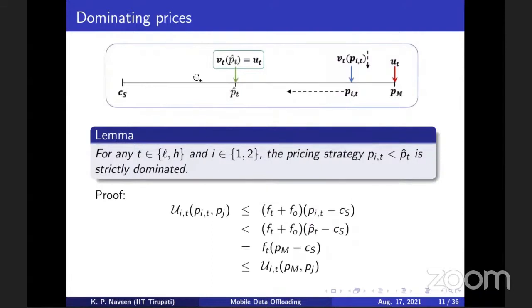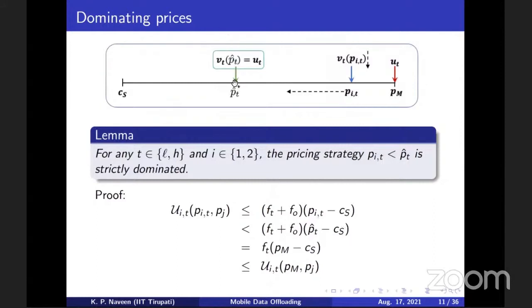For instance, if you have a price less than p hat of t, and I deviate to p hat of t, since I'm increasing the price, it's possible that if I get the overlap flow as well, the revenue is going to be greater than this, right? If I choose this price, it's not guaranteed that I'll get the overlap flow. If I get the overlap flow, I'll accrue a higher price. Now if I slightly increase the price to p hat of t, the revenue is going to increase.